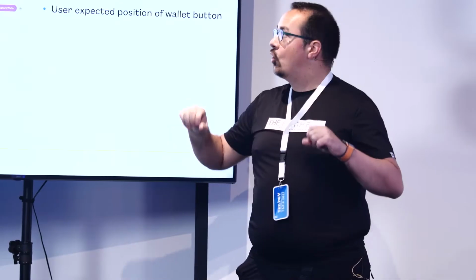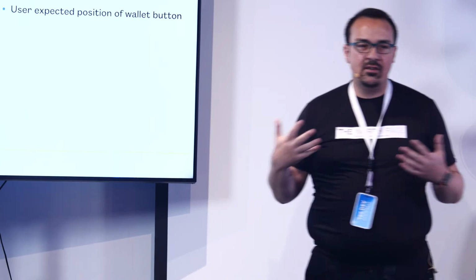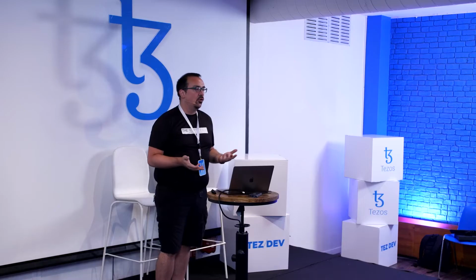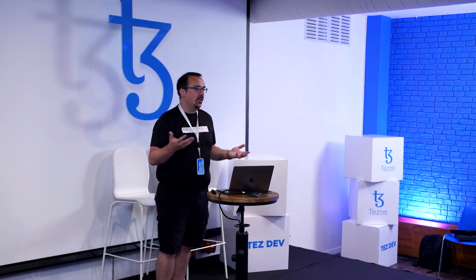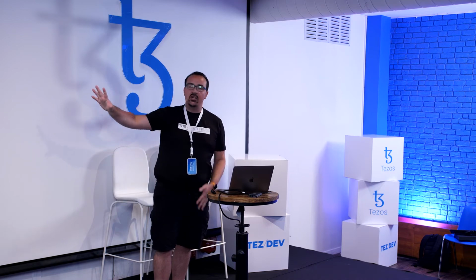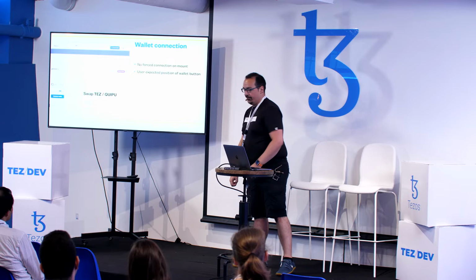That button says Connect Wallet. So the user understands that connect wallet is to connect your wallet. Sometimes you see applications where it's written Sync. Sync, as developers, we understand what it means, but for a non-technical user, it doesn't mean anything. Connect wallet is really clear. That's the one you should use for an application.